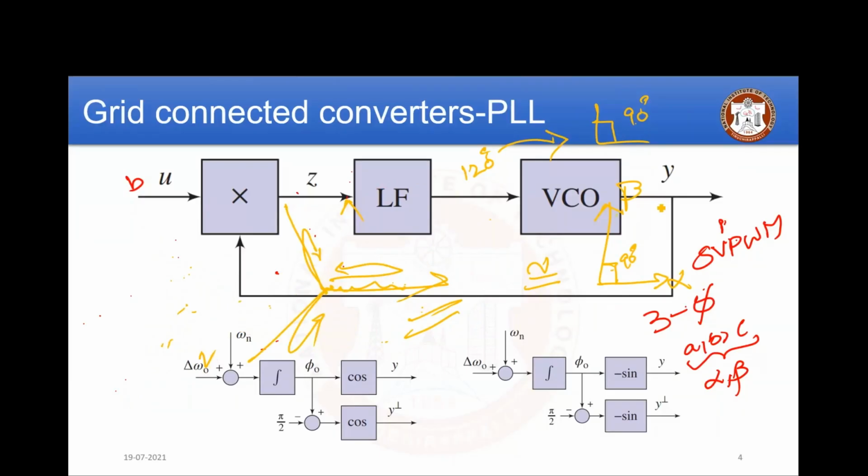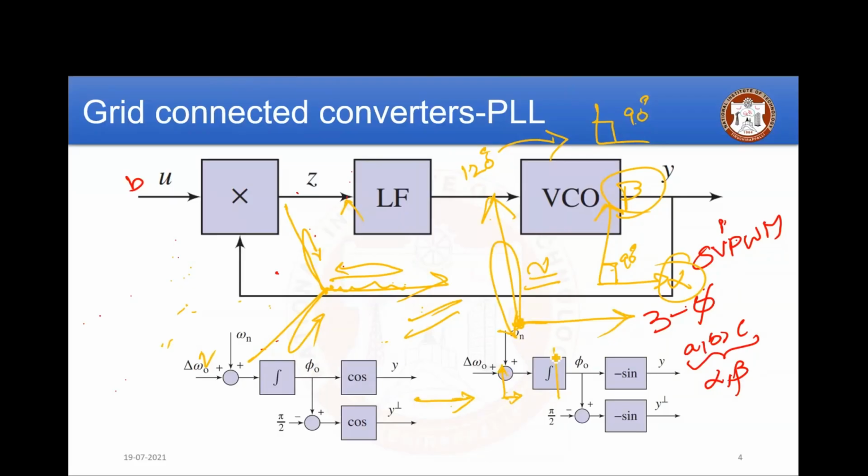Obviously, the alpha beta terms also, what will they do? They will also vary. At one point, alpha will become 0, beta will be maximum. At one point, alpha will become maximum and beta will become 0. It's like this. Alpha will be maximum, beta will be 0. At one point, alpha will reduce, beta will increase.